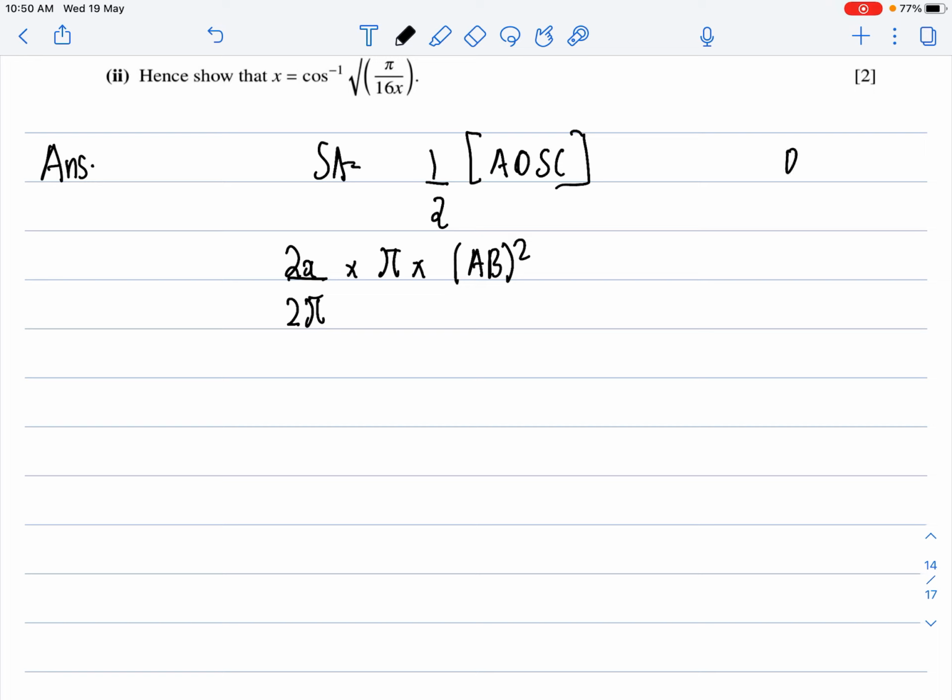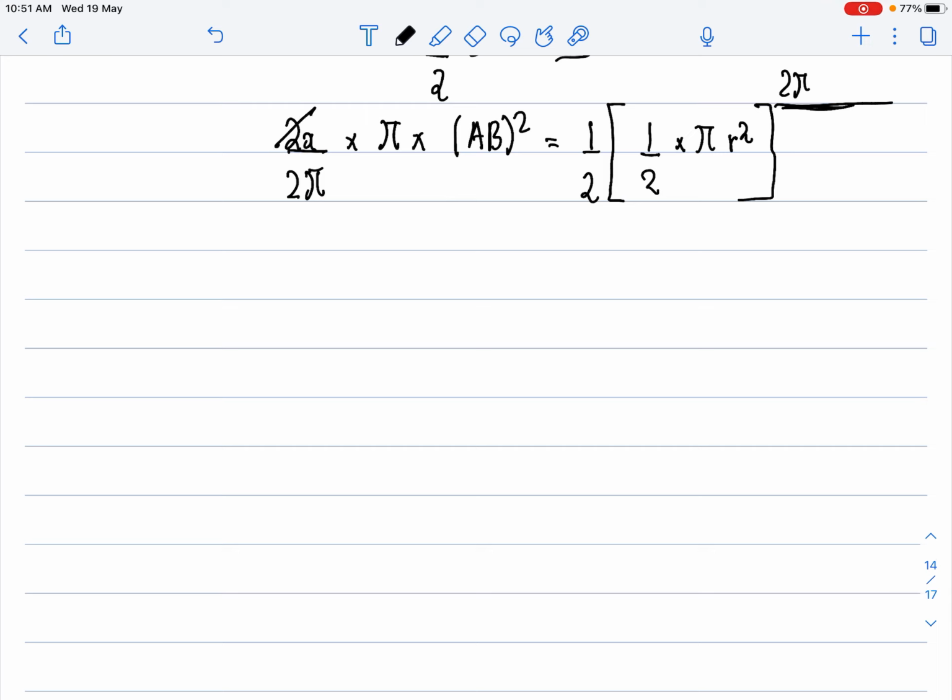Because the area of a sector is theta upon 2 pi into pi r square, correct? This is the formula. So now I can say this is equal to half into the area of a semicircle, which is simply half into pi r square, correct? This is what I can write.